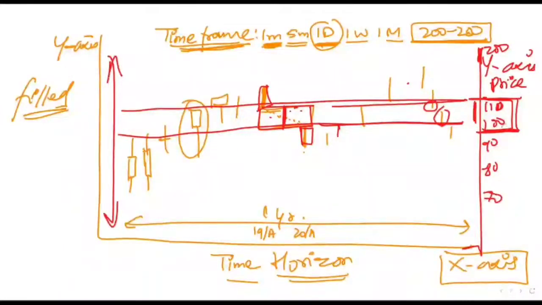So on the right side, we have the vertical y-axis. And the gap has to fill as a technical belief. It's an assumption, so we cannot challenge that. It is a belief that if a gap has been created in a stock, 70 to 80% of the time that gap is generally filled up.